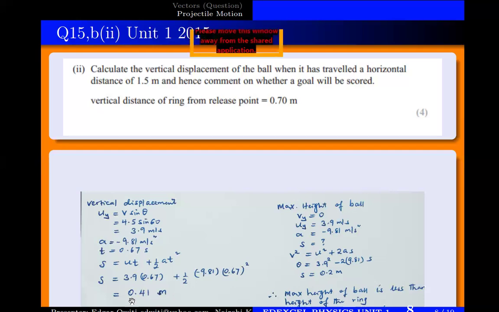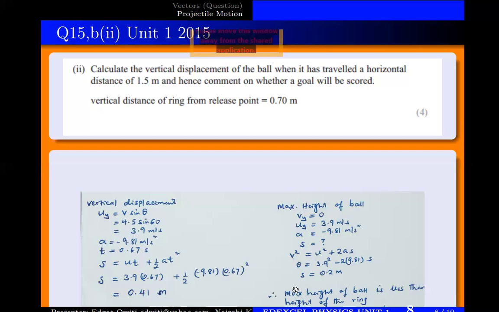So from these two answers, the vertical displacement at 1.5 meters horizontal distance gives you 0.41 meters, and the maximum height of 0.2 meters. So that basically tells you that the maximum height of the ball is less than the height of the ring.